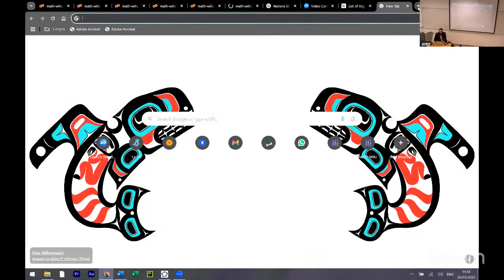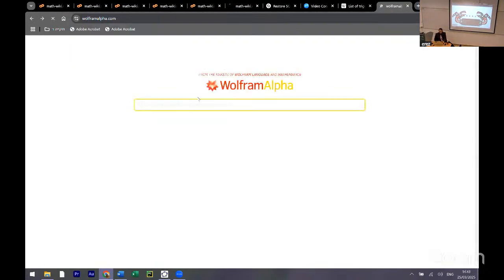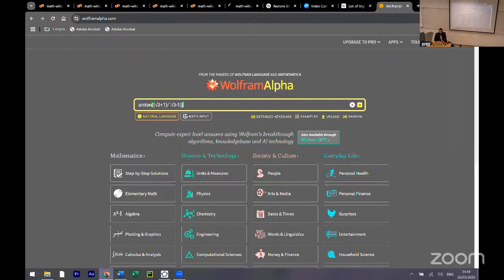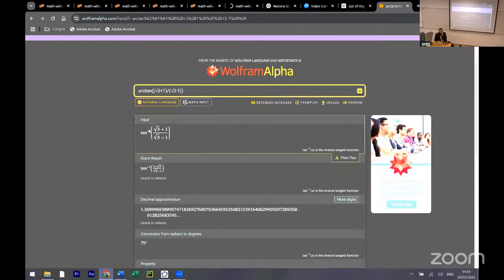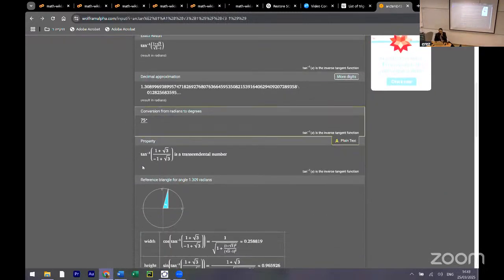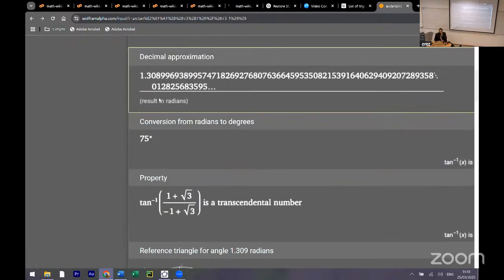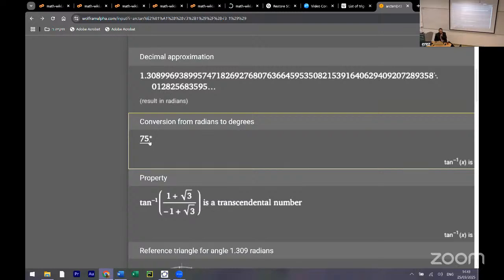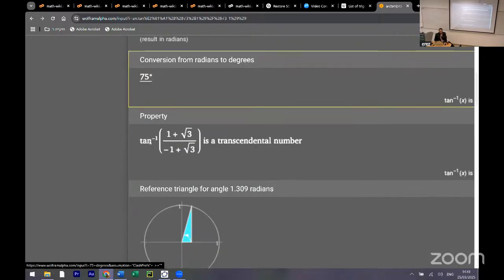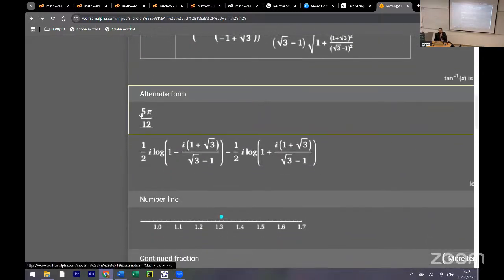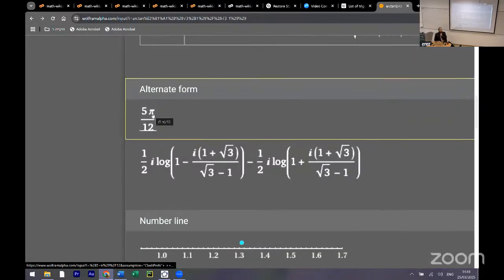Let's hope for the best. Oh, that's not fine. We need radians. It's funny, it doesn't give it in radians. It's 75 degrees. Is that 5 over 12 of pi? Yeah, 5 over 12 of pi. Yay. Okay.